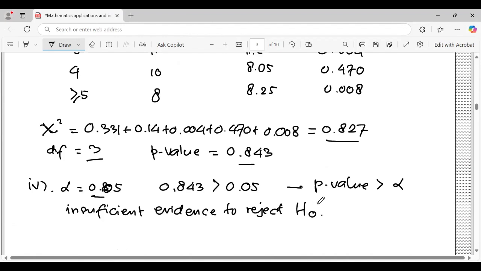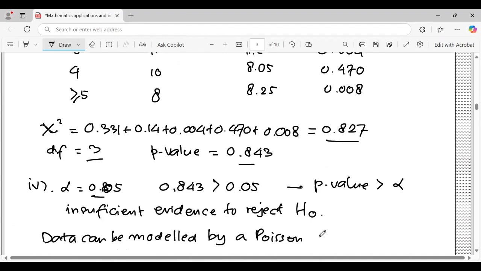Or we can state that we fail to reject the null hypothesis. So the conclusion we can state is that the data can be modeled by a Poisson distribution.